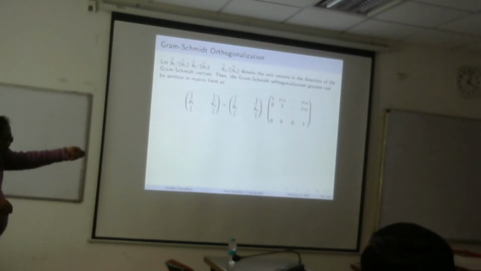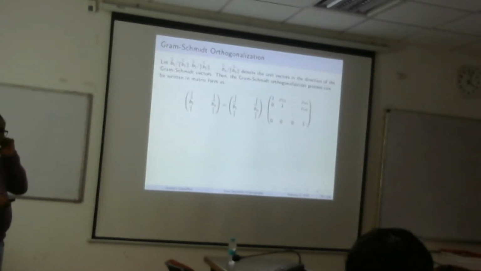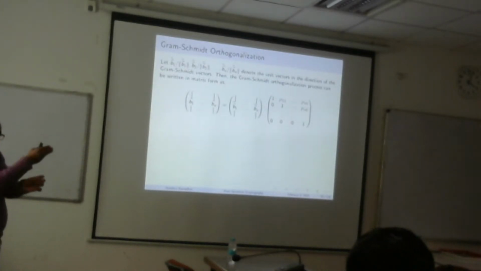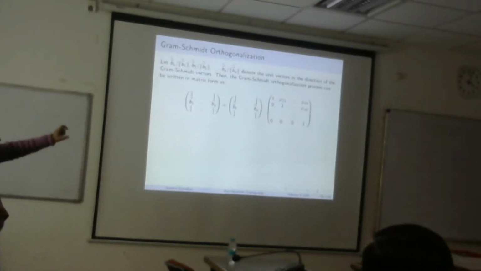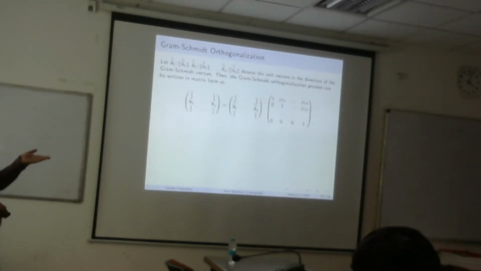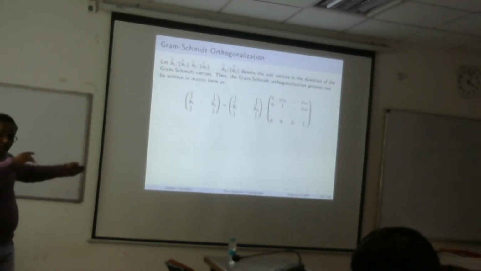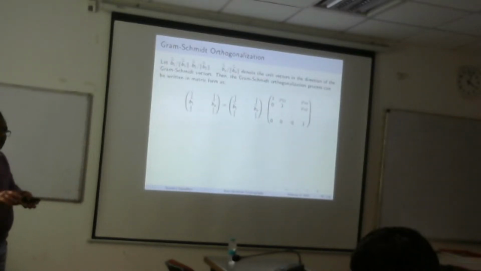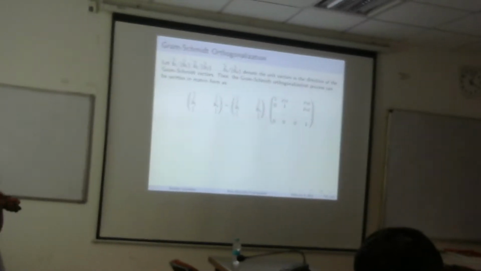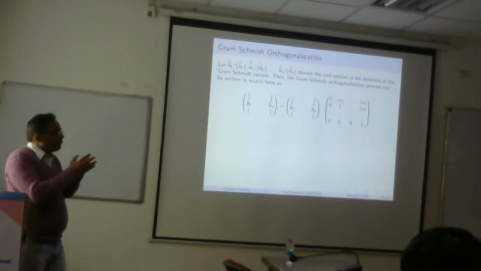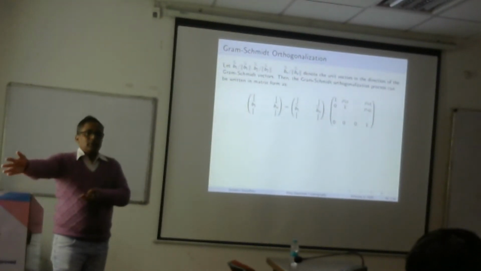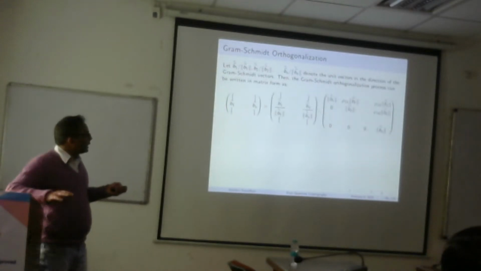Hence these mu 2,1, mu 3,1, mu n,1, etc. will be suitable values which will be subtracted from the corresponding vectors. This works very easily, and it is a polynomial time algorithm. So given any basis, I can create another basis which is now in good shape. Earlier one was not orthogonal, new one is orthogonal, and this can be done very efficiently.